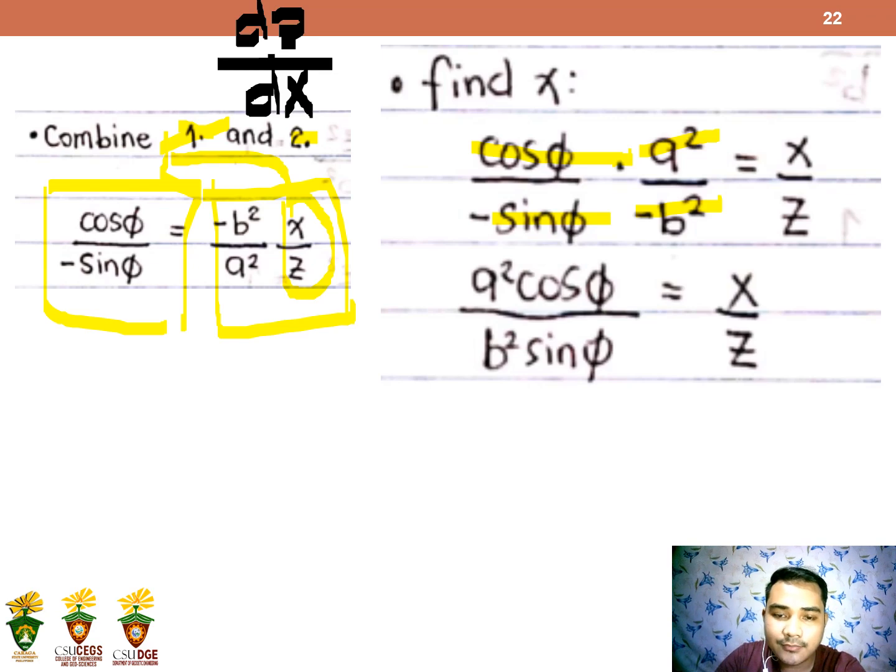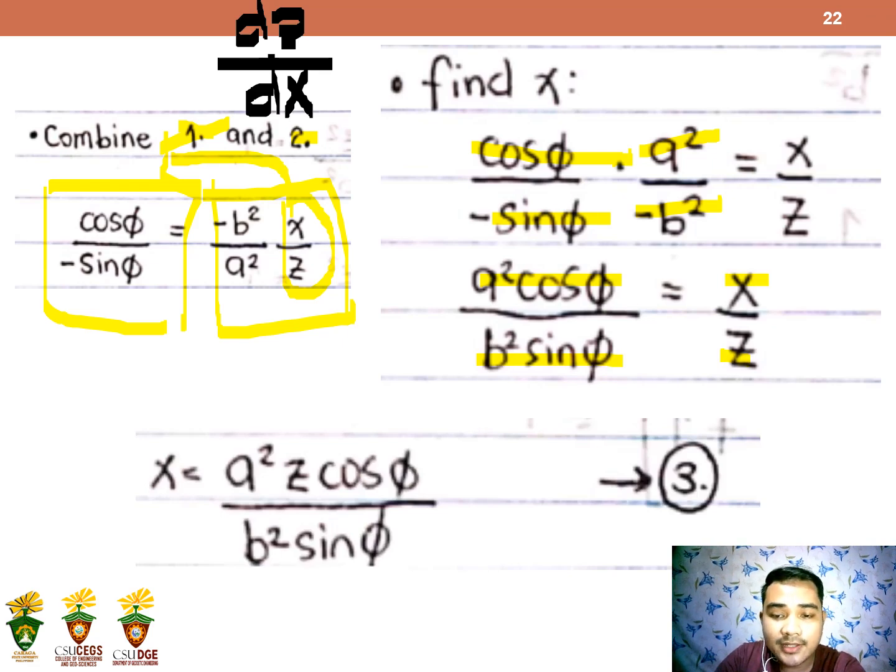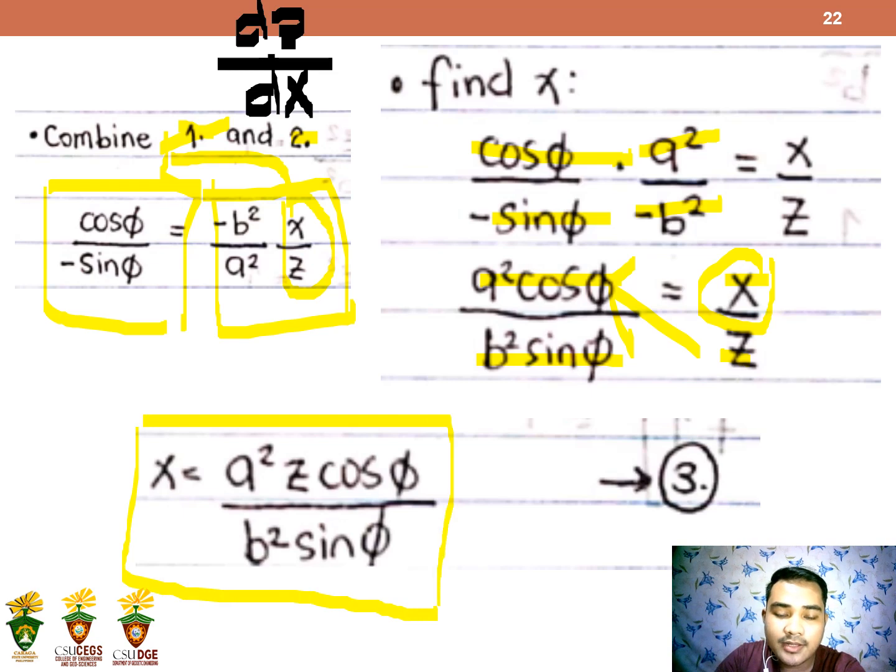We multiply, so we have a squared cosine geodetic latitude over b squared sine geodetic latitude is equal to x over z. And to find x, i-cross multiply si z. So therefore, x is equal to a squared z cosine geodetic latitude over b squared sine geodetic latitude. This is now our equation number 3.